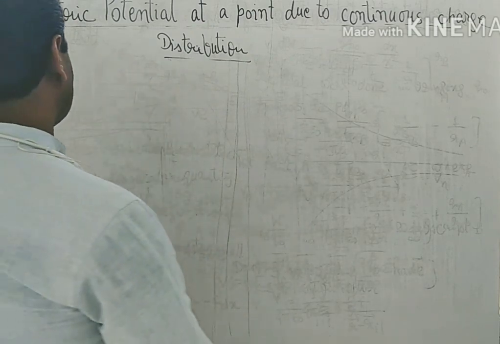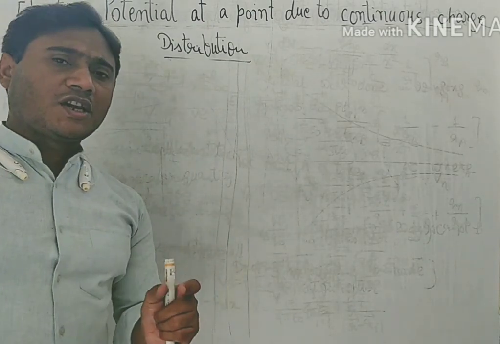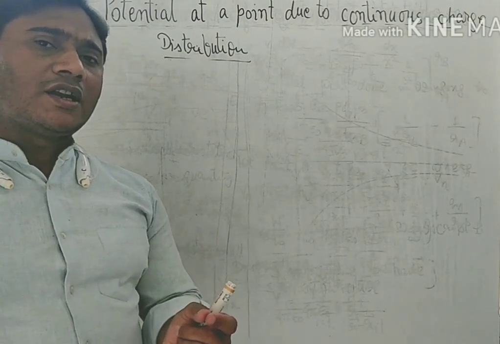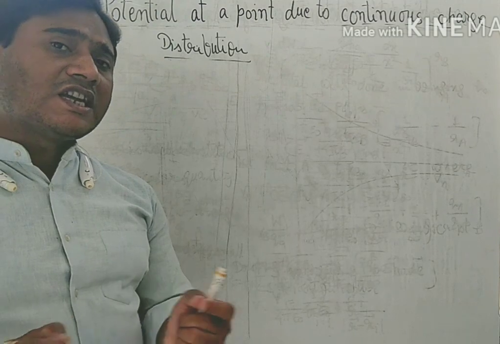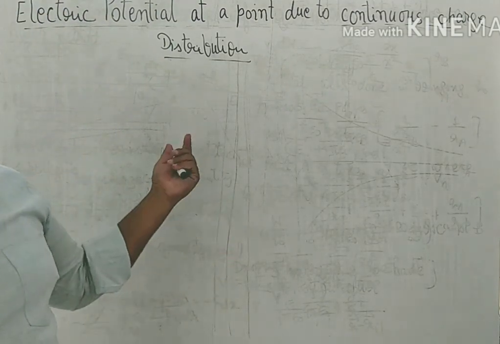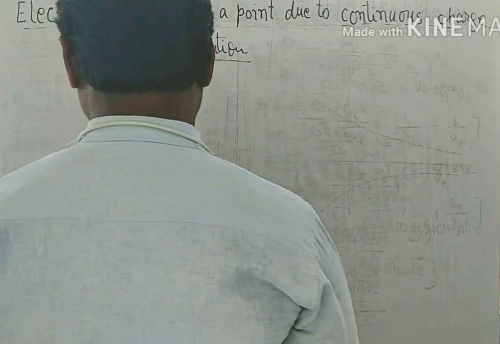Suppose we have a small element comprising charge dq at a distance R from a test point where the potential I am writing directly.